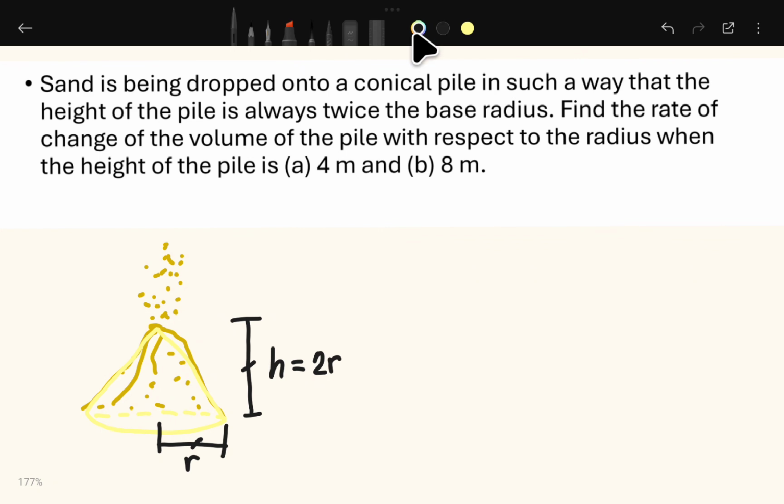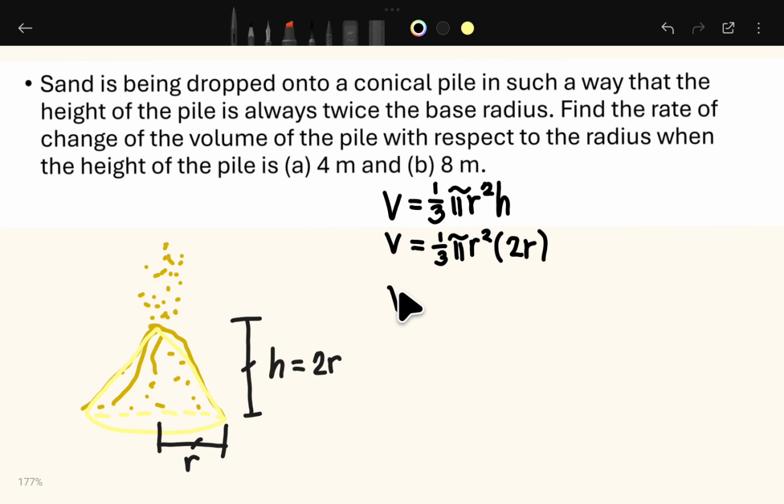Recalling the volume of a right circular cone is 1/3 of the area of this circular base times its height. So we need to express height in terms of radius. So volume is equal to 1/3 pi r squared times height, which is twice the radius.